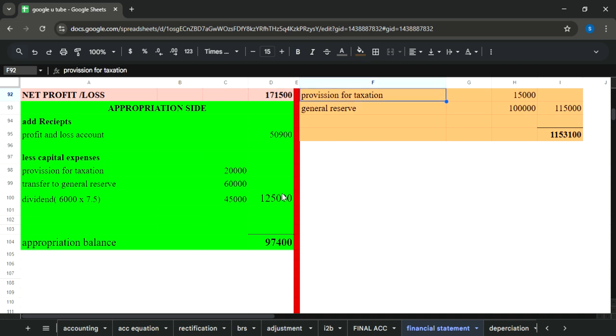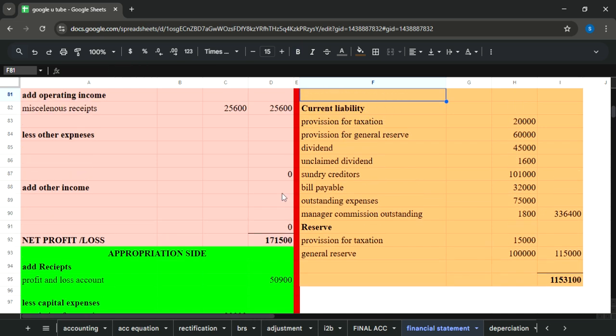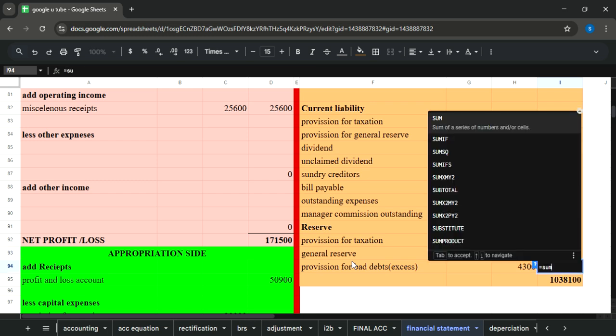As we have said, this extra provision would be transferred to the liability side. So come over here, provision for bad debts, and we will call it excess, and that was 4,300. You will be writing over here. Old total would be subtracted. Let's take the new sum.